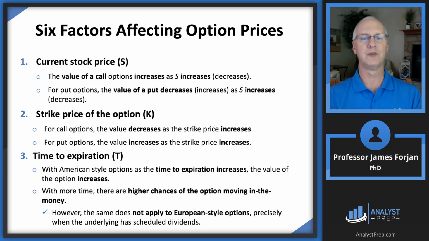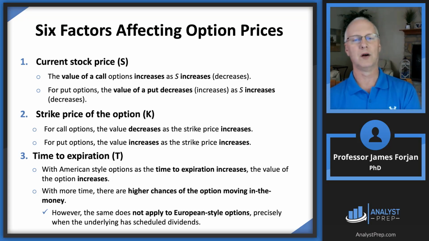But if you go in and say, well, wait a minute, I want the right but not the obligation to buy at just $80 rather than the $100. Well, the financial institution is going to say, well, of course I'll write that option for you, but it's going to cost you more. So look at my 2 circle points there under 2. For call options, the value decreases as the exercise price increases.